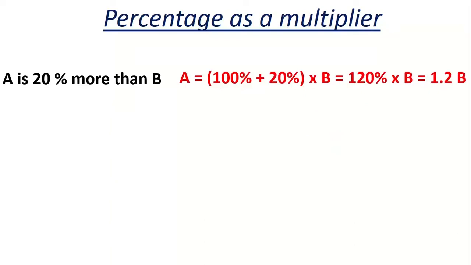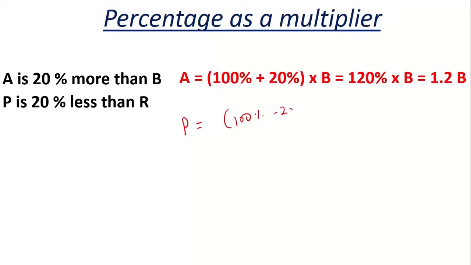If A is 30% more than B, our equation will be 100 plus 30, which is 130%, that is 1.3. Let's take a few more examples. P is 20% less than R, which means that P is 100% minus 20% of R, that is 80% of R, which is nothing but 0.8 into R. So the percentage multiplier we got is 0.8.